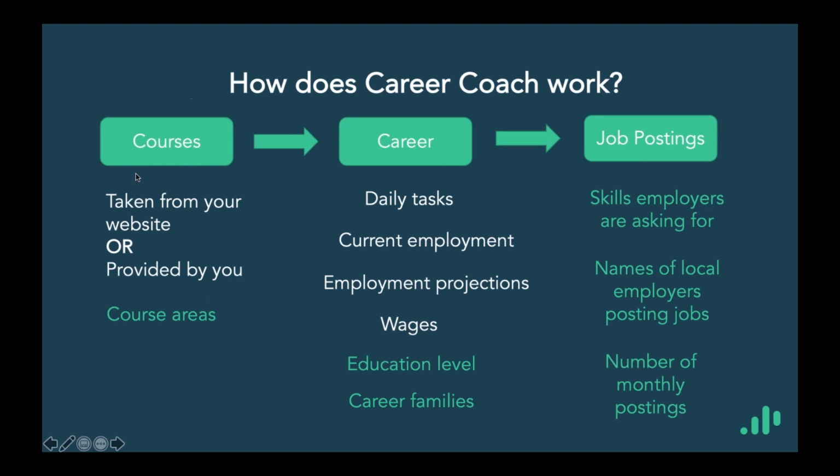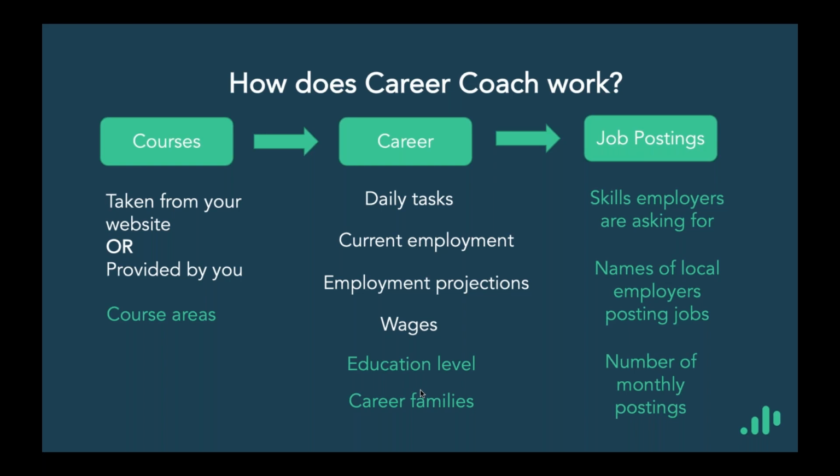So health and social care courses train for these types of careers. These are the daily tasks in each of those careers. This is the current employment numbers. This is how much you're likely to get paid at what education level.